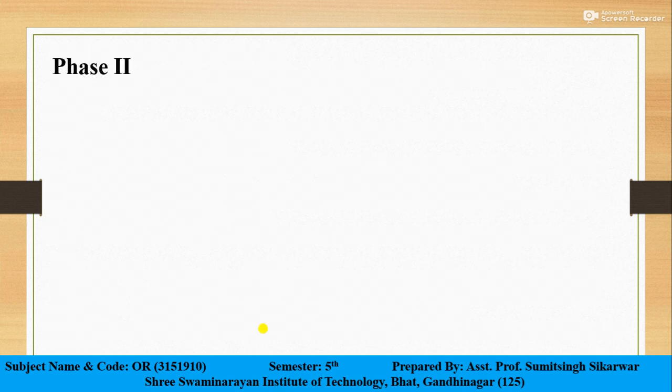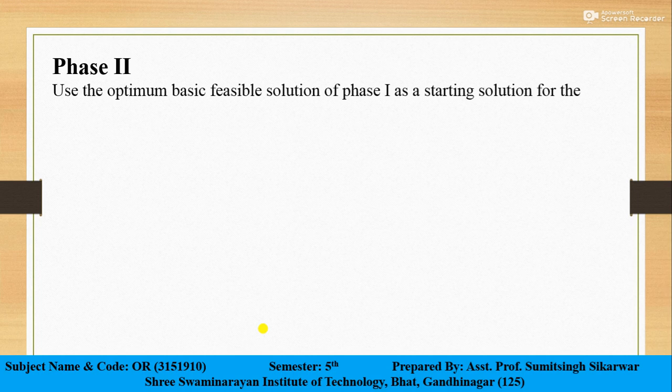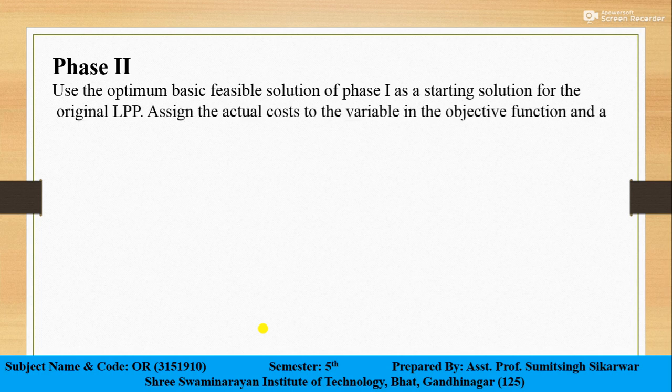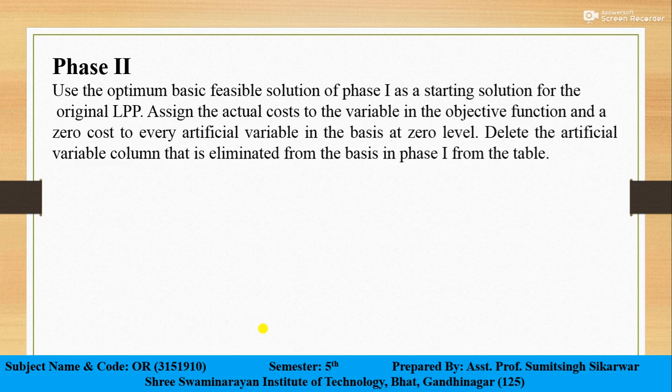In phase 2, we will use the optimal basic feasible solution of phase 1 as a starting solution for the original LPP, and assign the actual costs to the variables in the objective function, and to the artificial variables in the basis at 0 level.